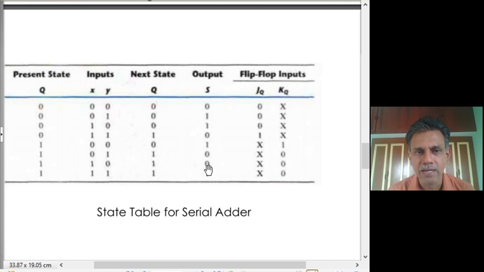You might have studied it when we were discussing the full adder implementation. So the sum is nothing but a 3-input exclusive OR operation of X, Y and Q. If either there is 1 one or 3 ones, then the output is a 1.